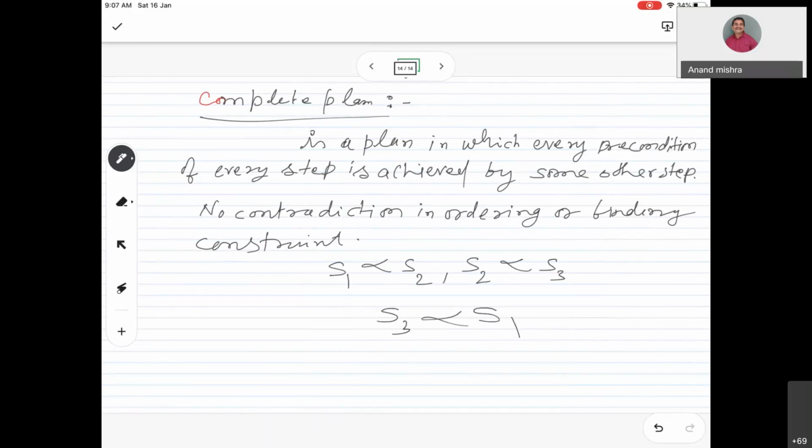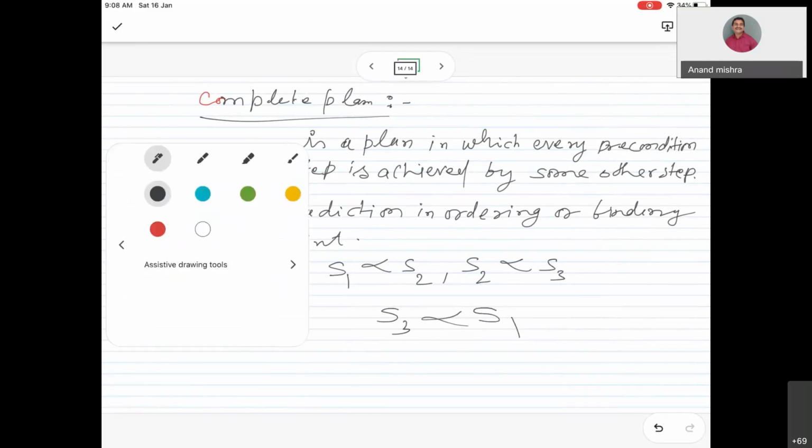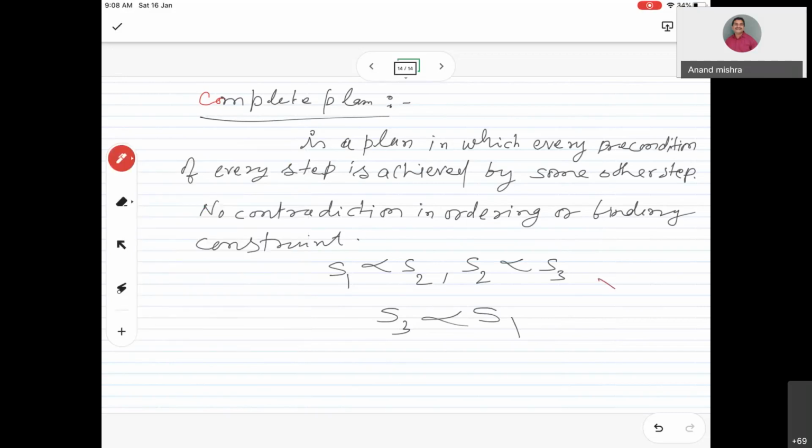This is not allowed. Why? Because you are contradicting things, right? S1 before S2 and S2 before S3 also means that S1 should happen before S3, that's the transitive property. But you are saying S3 should happen before S1. So this is a contradiction, and such contradictions are not allowed. And all the preconditions should be satisfied. Then you say that this plan is complete.